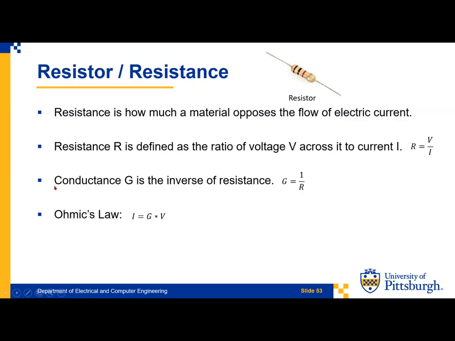And the conductance G is the inverse of the resistance here. So follow Ohm's law: I is equal to G, the conductance, times the voltage V. So we could use this formula to implement the multiplication.